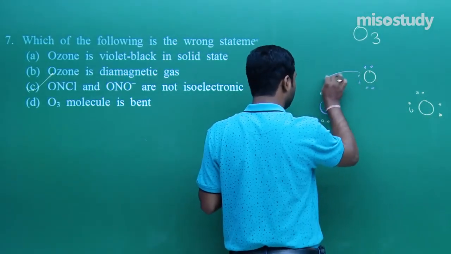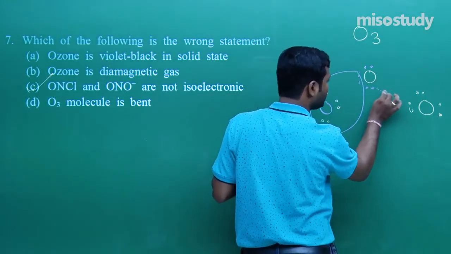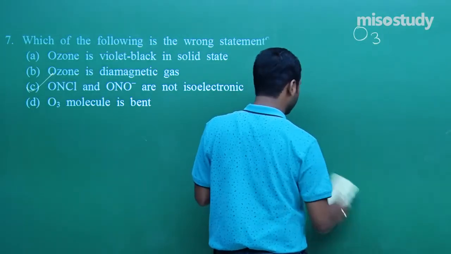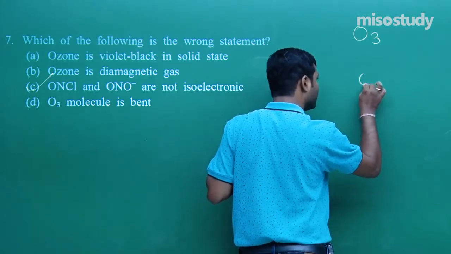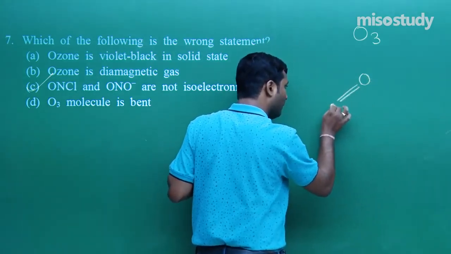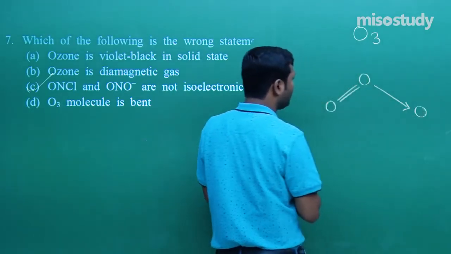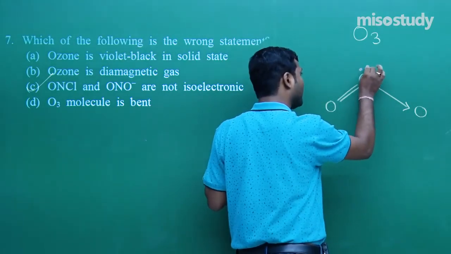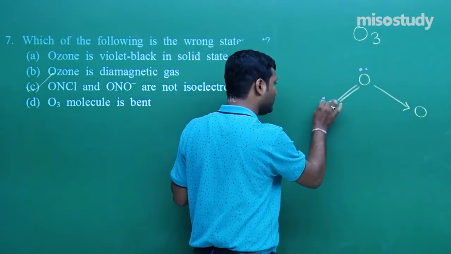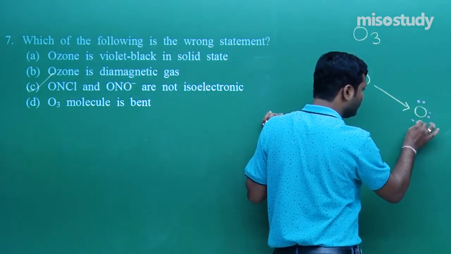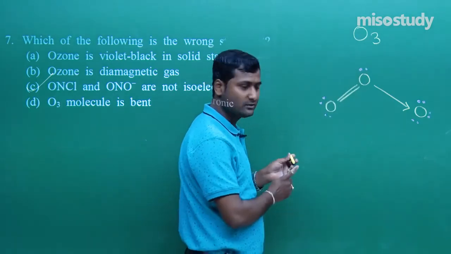Now it will take the electron here, and this will donate an electron pair. So what will be the first resonating structure? The first resonating structure is O, double bond O, and this one is O. Clear to you? Now put the lone pairs of electrons, 1, 2, 3 and 4. Here put 2, 2, 4 and 2, 6. Yes sir, this is the first resonating structure.